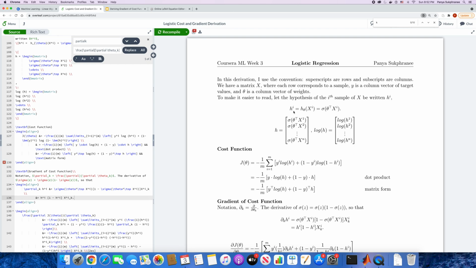I use a shorthand notation for the hypothesis of a particular sample. So the hypothesis of the ith row of X, I'll denote that as h_i. The log of h is a vector of the log of each of those values.